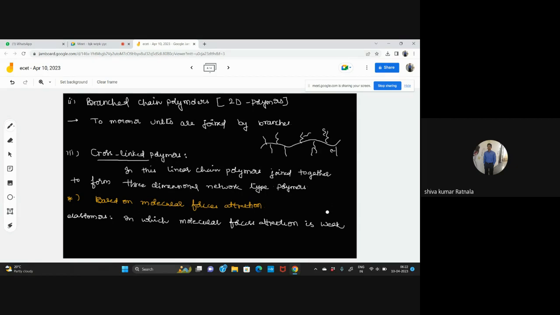Because of these weak forces, they can be stretched to the maximum extent. Elastomers include rubber and vulcanized rubber.